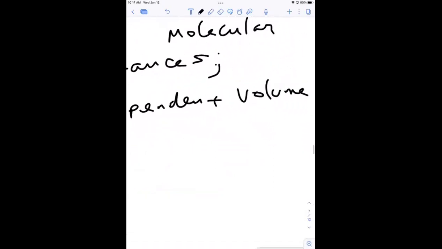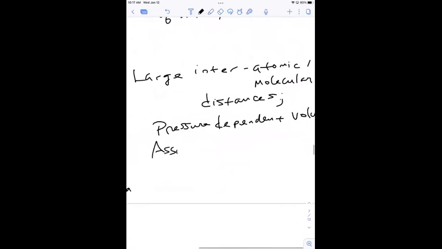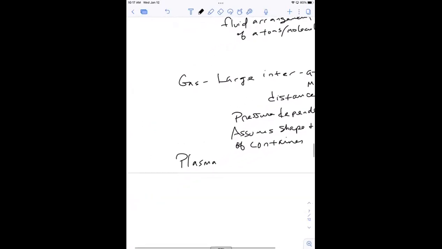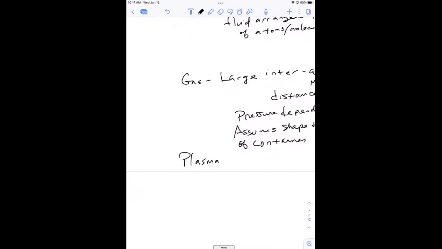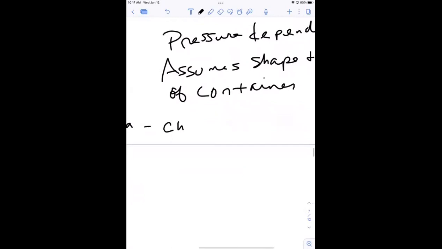So I get a semicolon in here. Right, so plasma is different from, it's a gas, but the gas actually has a charge.